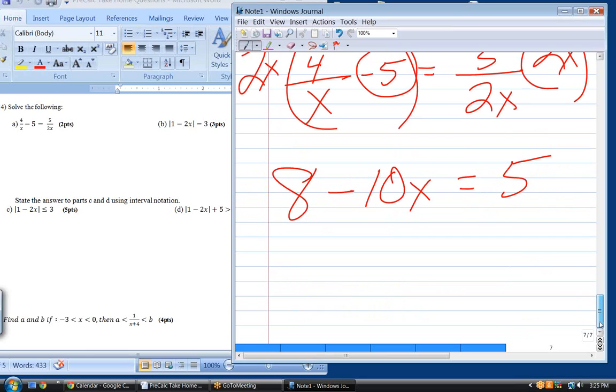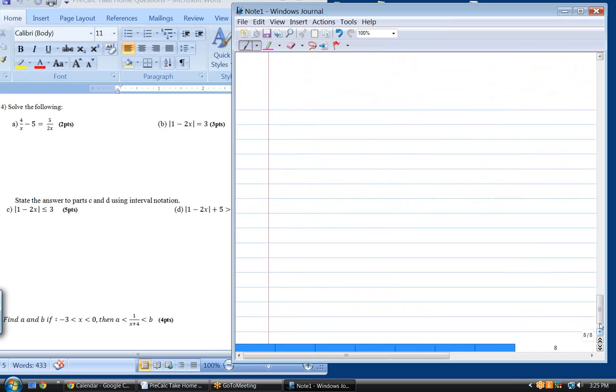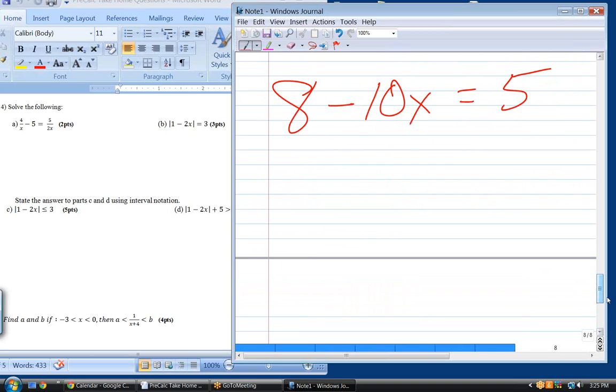And that makes it far easier to solve. So what's the next step here? We're going to be bringing everything, and we're going to leave x by itself. Okay. So how do I do that? So are we going to be subtracting the 8? Okay.